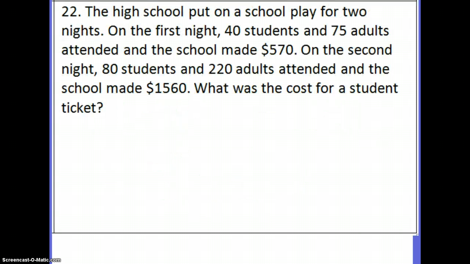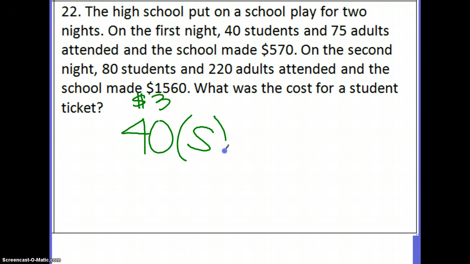The high school put on a school play 2 nights. First night, 40 students, 75 adults attended, and the school made $570. What we don't know is student ticket price and adult ticket price. And if the price of student tickets, let's say, were $3, to get the total amount of money that you made off of those students, you would times it by the amount of students that showed up.